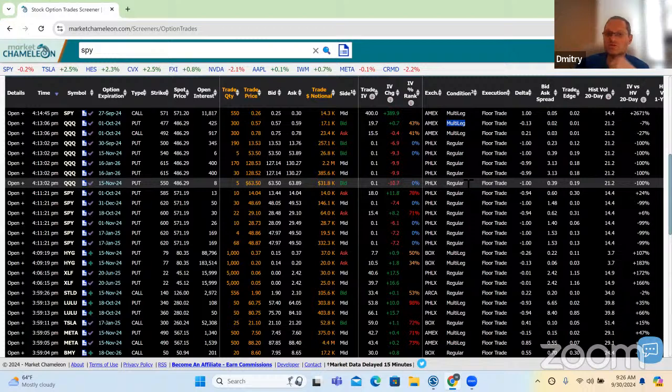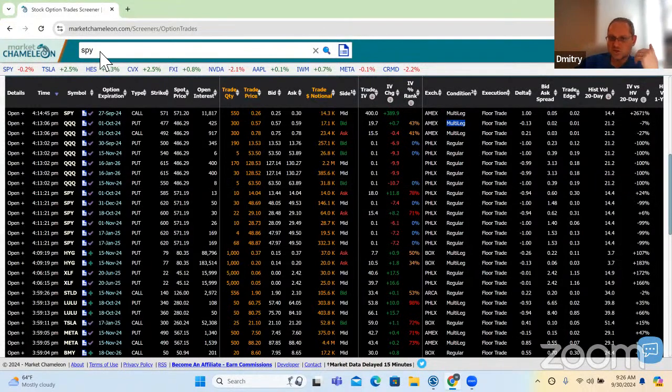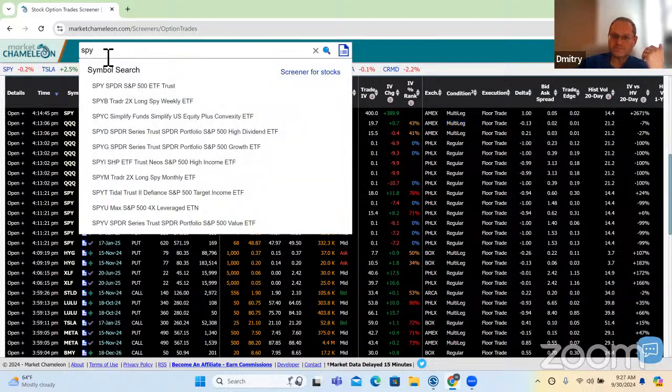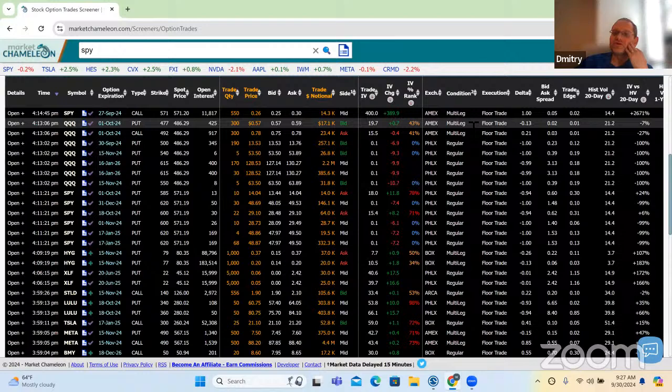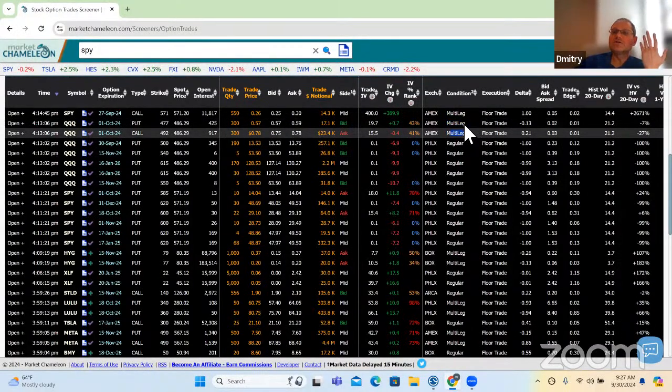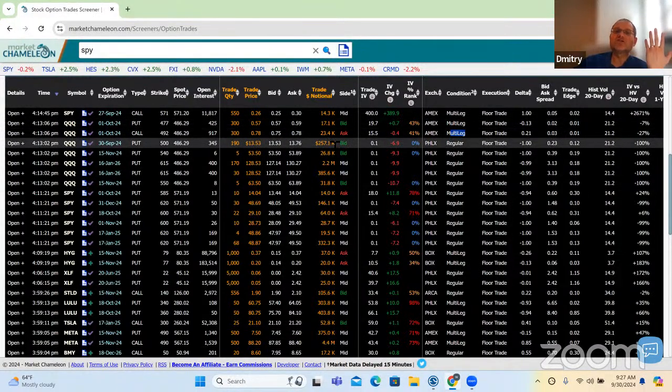When we look at multi-leg, by the way, we do have an analyzer, because as you could see here, you'd have to figure out each multi-leg trade and which ones are related, by the timestamps and the exchange and all this, and then try to figure out what is the potential strategy here.